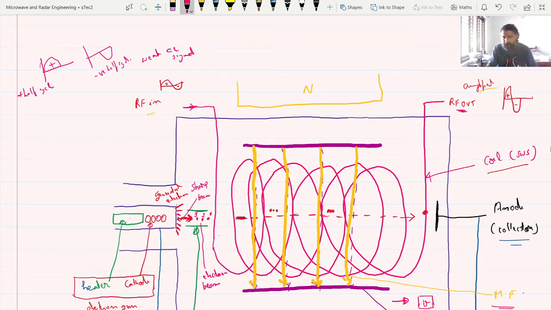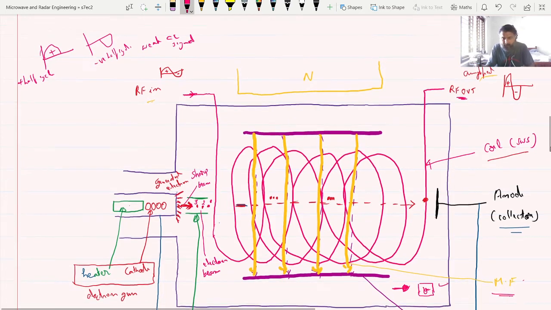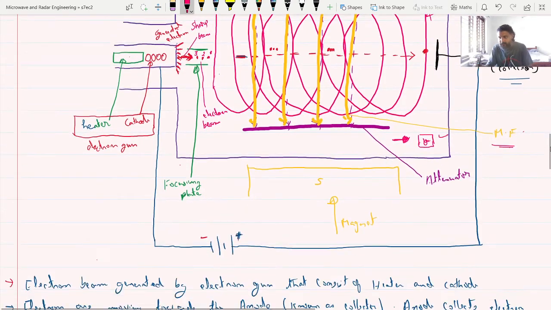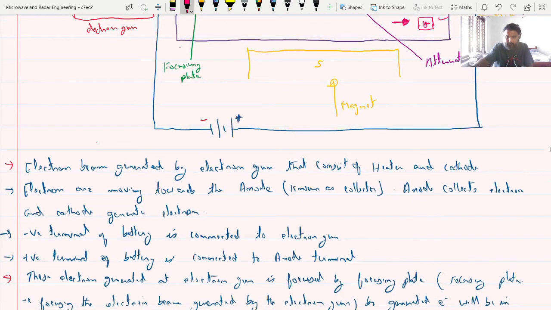For the traveling of the electron, we will have the velocity direction. This direction is nothing but the velocity direction, that is, the velocity V of the electron. You can see that velocity direction. I will write that point, and afterwards I will discuss the further things related to this.